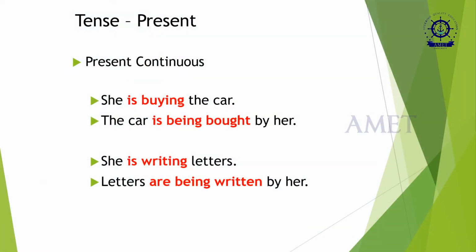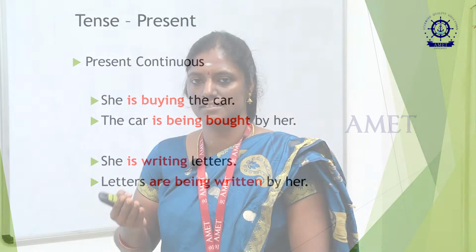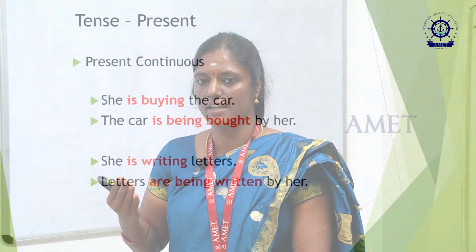She is buying the car. Take the object, the car. It is singular, so we are using is, the car is. For buying, we have to use being. So the car is being bought by her. Keep that in mind, that you have to use being for progressive tense. The car is being bought by her.